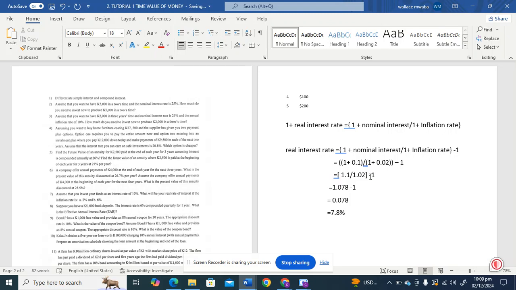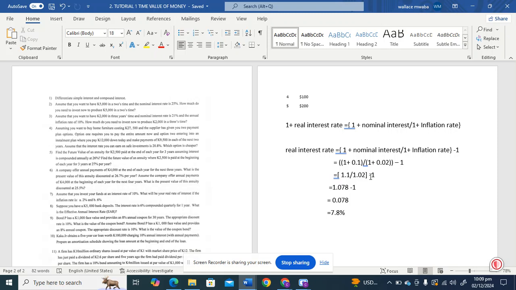Okay. So after you invest your funds and you're expecting a 10% interest, but there's been inflation of 2%, the real interest that you're going to get is 7.8%. Okay. After the inflation has eroded part of your money, what you're getting in actuality is 7.8%.